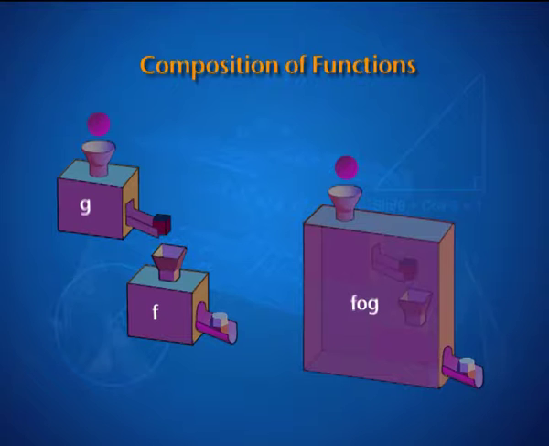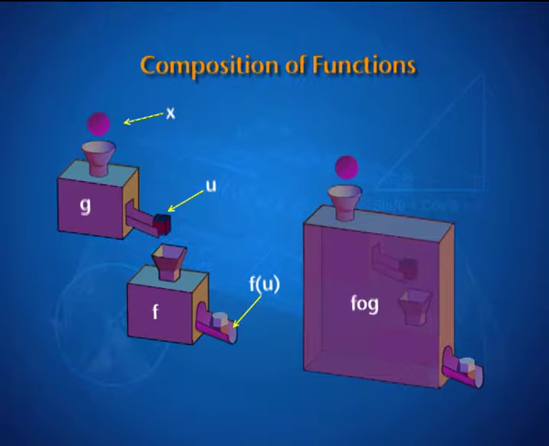In mathematical terms, what does that mean? If I take x to be the input of g, it results in u as an output of g, same as g of x. This goes in the function machine f and results in an output f of u.